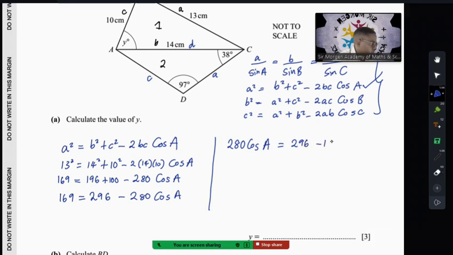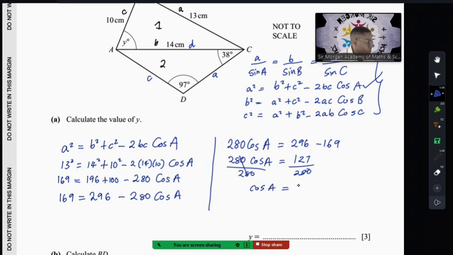And then we have cos A. You can divide both sides. If you want, you can first subtract there. 280 cos A is equal to 296 minus 169, which is 127. Divide both sides by 280, like this.